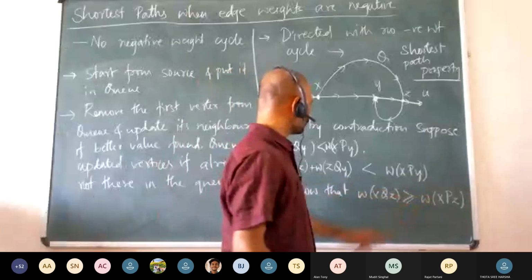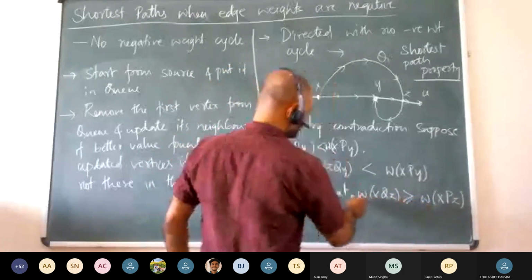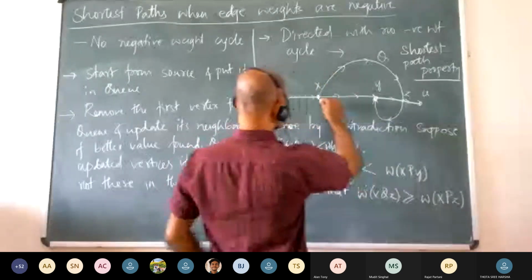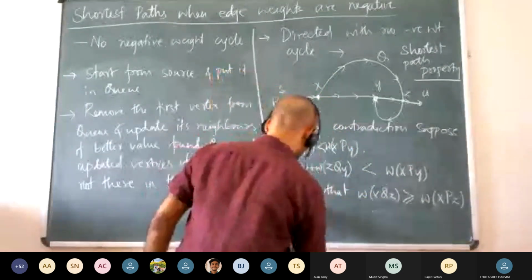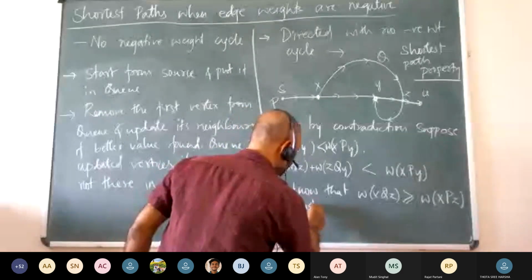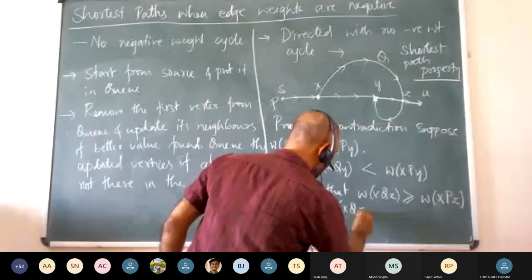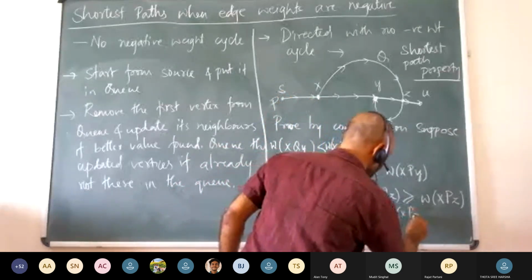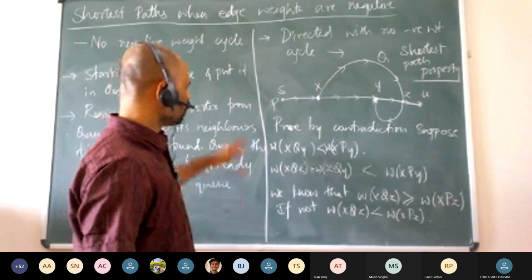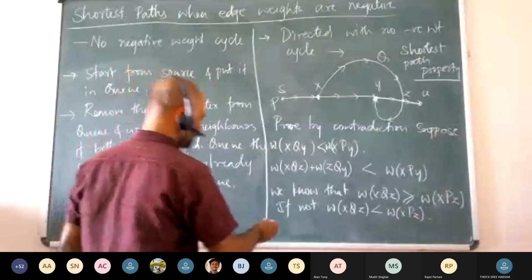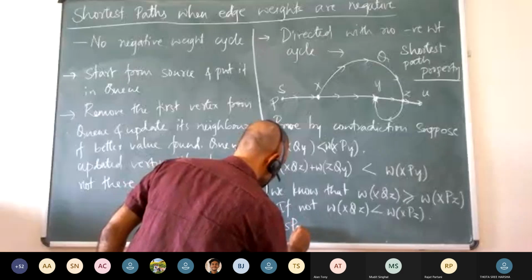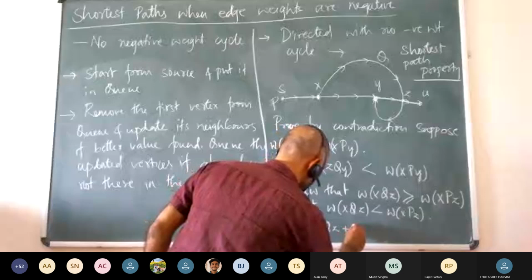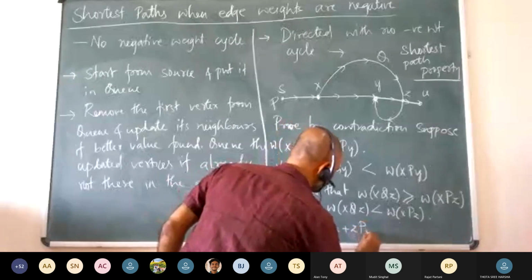Suppose this is not true. If the weight of XQZ was smaller, then you would take that path. If not, which means that the weight of XQZ is strictly smaller than the weight of XPZ, then you get a shorter path from S to U. You take the path SPX plus XQZ plus ZPU, right?